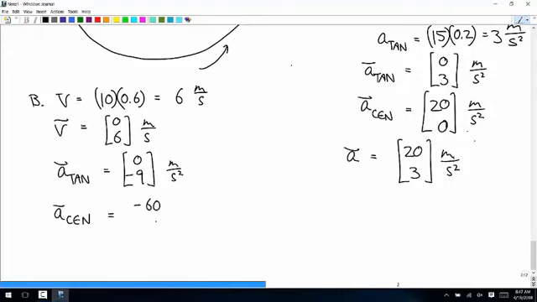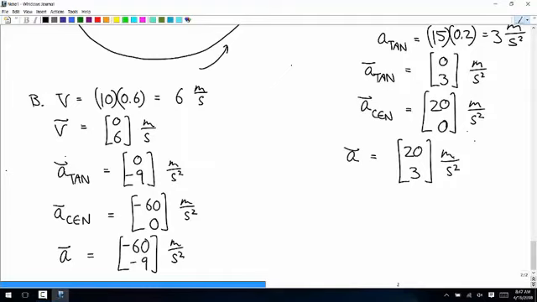So negative 60, 0 meters per second squared. Now add those up and you get the total acceleration of that point of negative 60, negative 9 meters per second squared. Any questions about that?